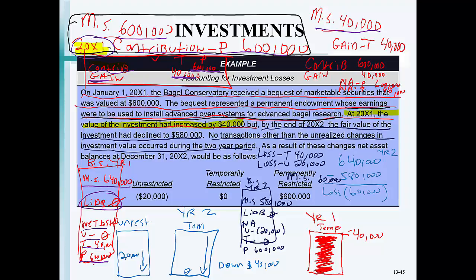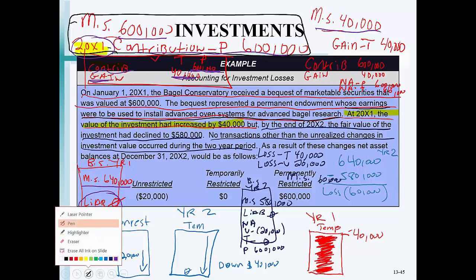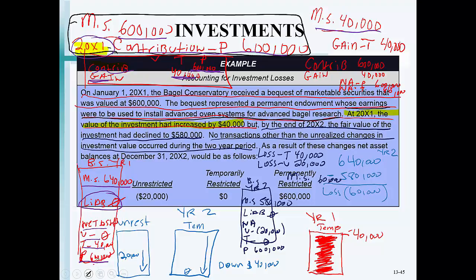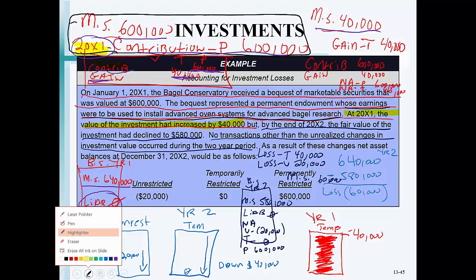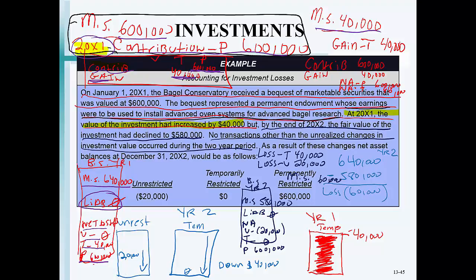All right, but that's basically what happened in year 1 of this example, right? So we're through year 1 of this problem, okay? Then what happens? Then you come over, I'm going to try green for this. Let's see if the green highlighter will clear this up a little bit more. Okay, so by year 2, we're going into year 2 now.